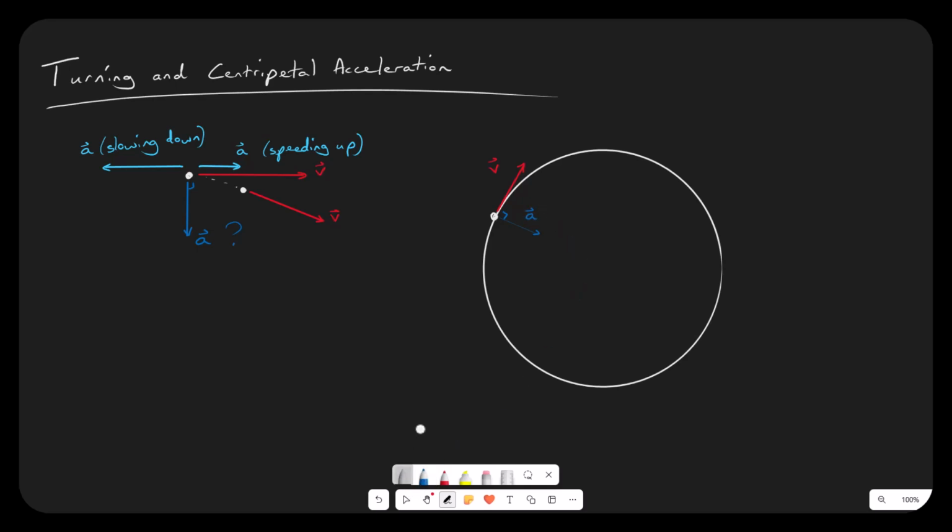That acceleration will point toward the center of my motion. Now it is possible that I'm not making a full turn, that instead of going in a full circle, I'm only doing, let's say, this much of a curve right here. Well, that much of a curve still looks like it's part of a circular path.